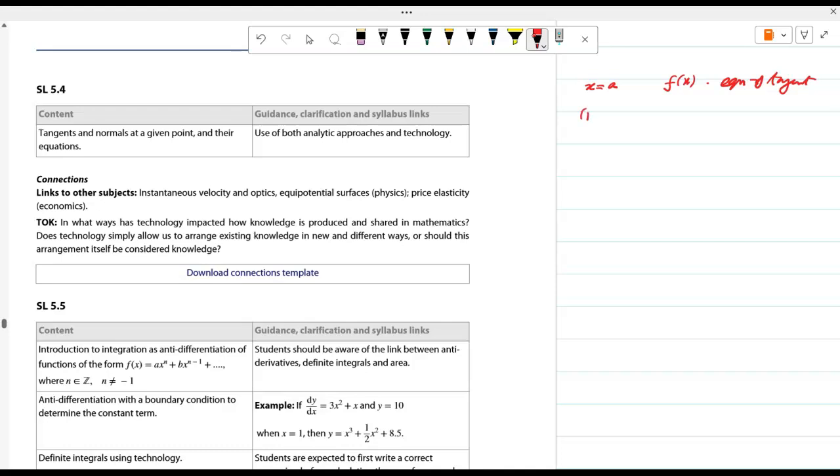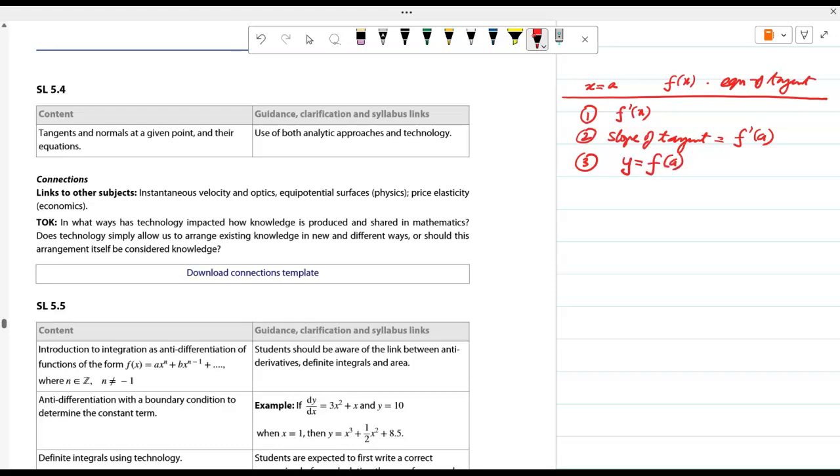The first step is to find the derivative, f dash x, using the chain rule, product rule or quotient rule as needed. The slope of the tangent will be f dash of a. Your y coordinate will be f of a.